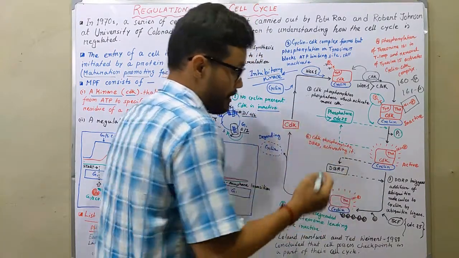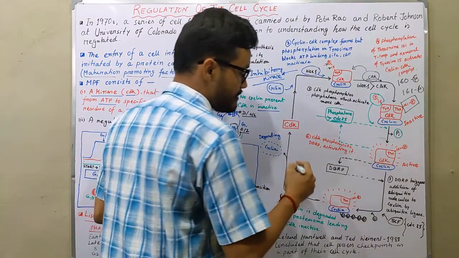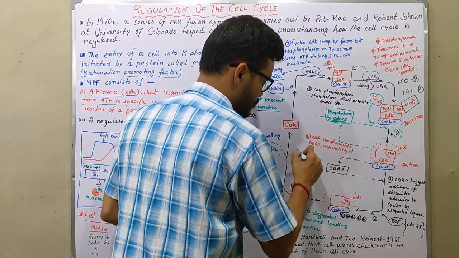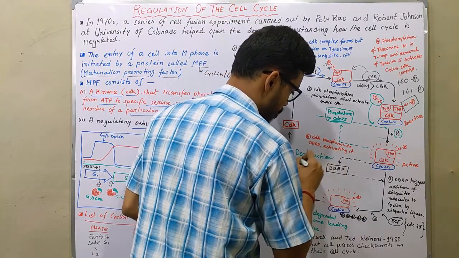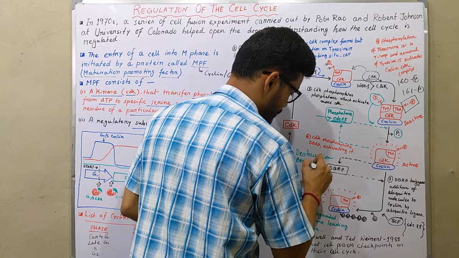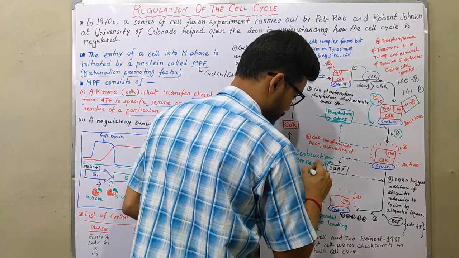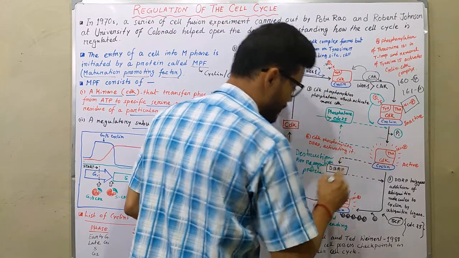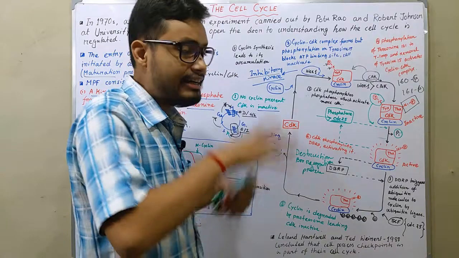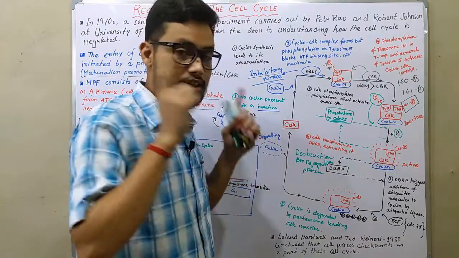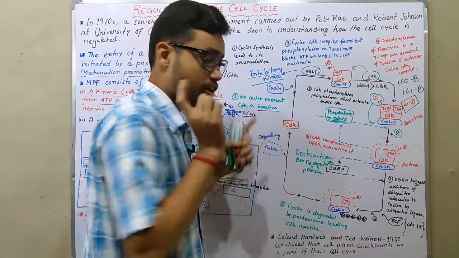How is it done? It is done by a protein known as DBRP. DBRP full form is destruction box recognition protein. Okay, so what is meant by destruction box? In the N-terminal end of each protein, there is a specific 9 residue sequence known as the destruction box sequence.